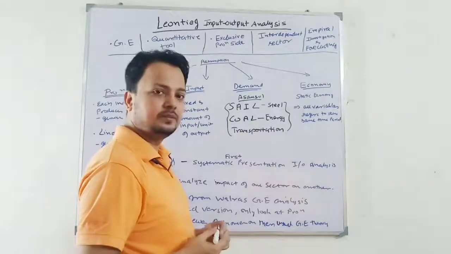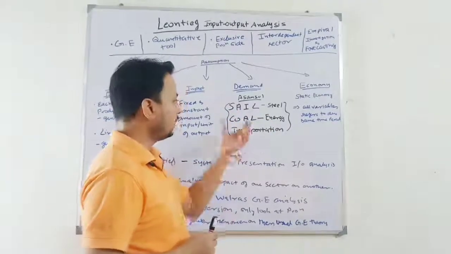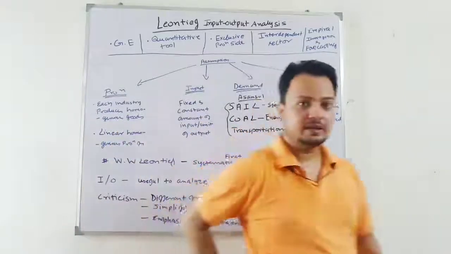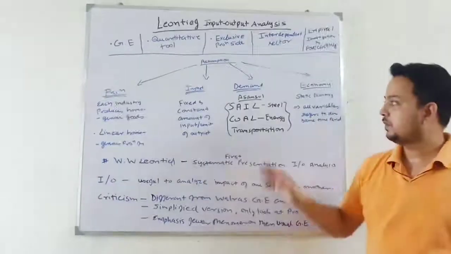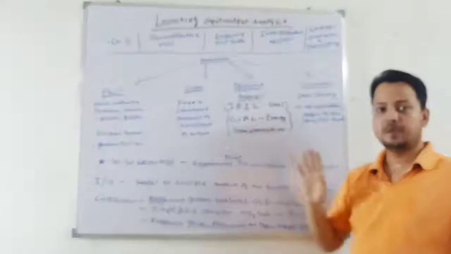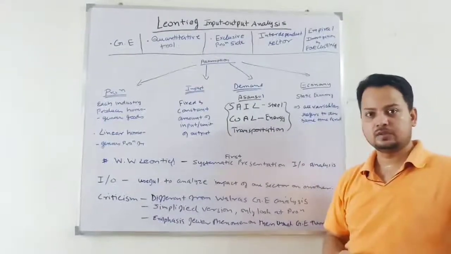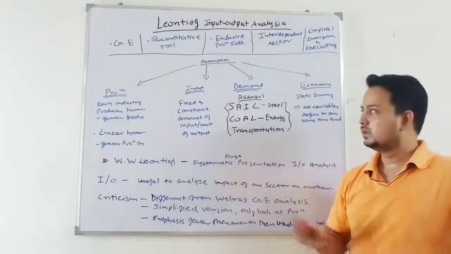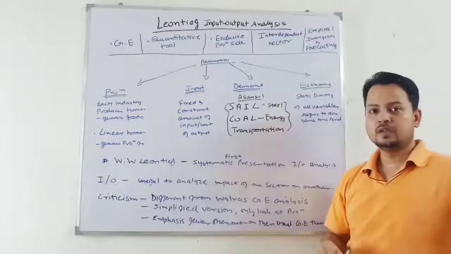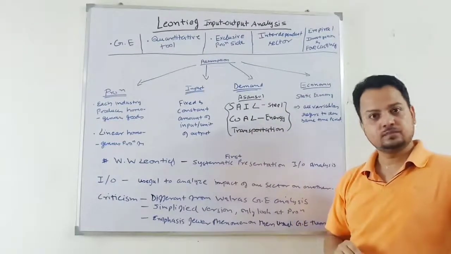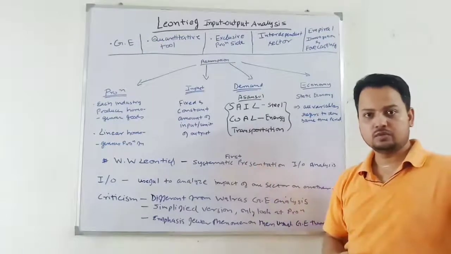Steel is producing steel. So when we speak of the interdependency aspect, what we mean is that each sector is dependent on other sectors and on itself also. Like steel is producing steel, but it also requires steel.